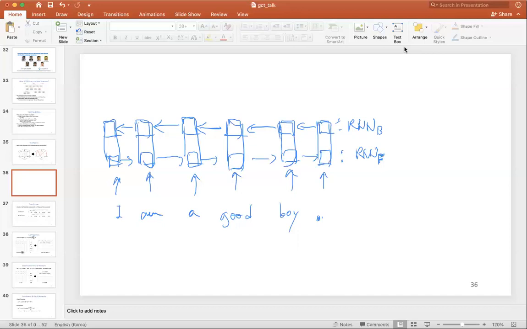So in this case, you can't treat this as your hidden representation, because you're going both ways. It's awkward to pick one single hidden layer as your sentence representation. So in this case, you apply the attention mechanism. You pool this here.